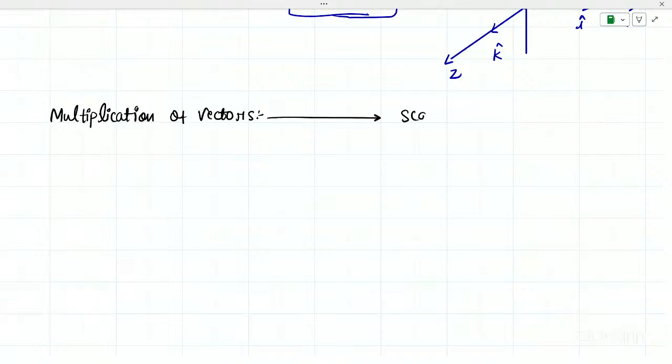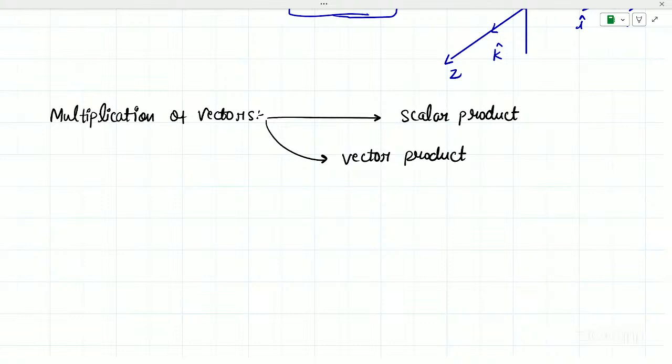The first is scalar product, and the second is vector product. It is pretty simple to understand that the product which gives a scalar quantity is the scalar product, and the product which gives a vector quantity is the vector product. Scalar product is also termed the dot product, and vector product is also termed the cross product.